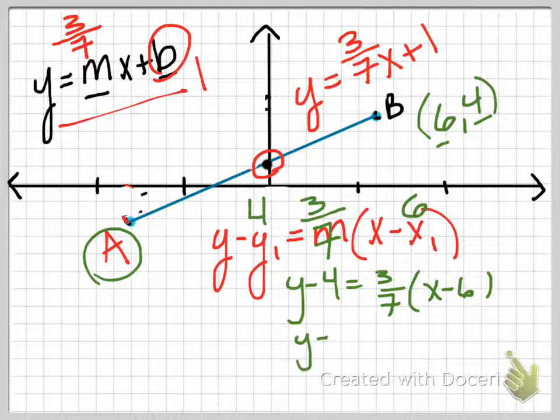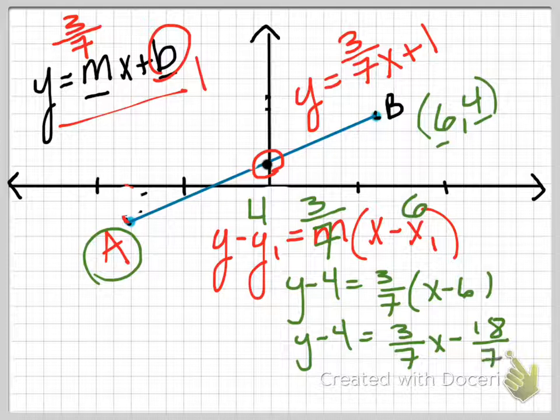We'll say y minus 4 equals 3/7 x minus, stay calm, 18/7. You just multiply numerator to numerator, denominator to denominator, and you get 18/7. If you got confused on that, we need to do maybe a little more work in fractions.